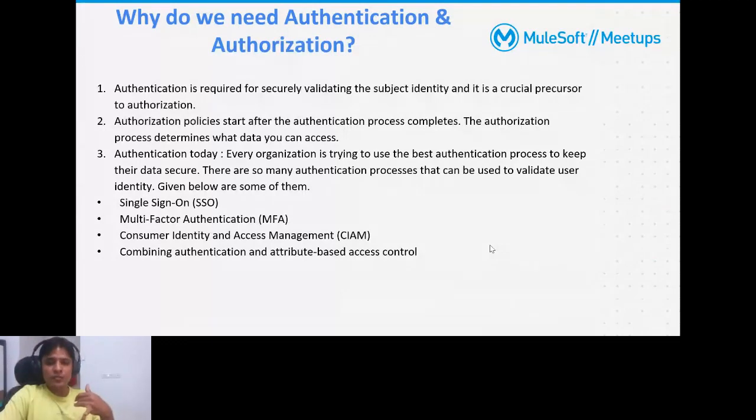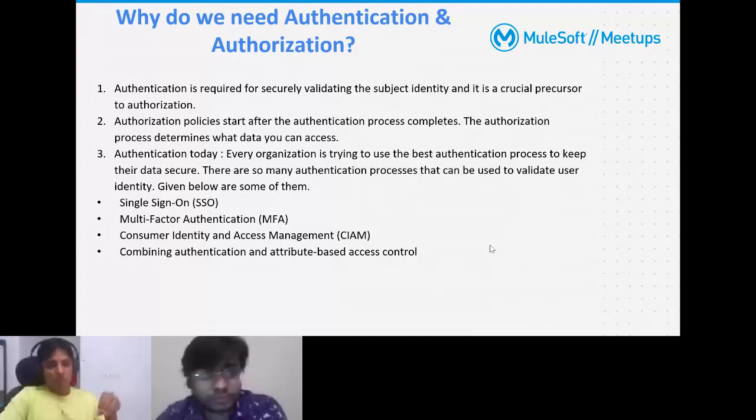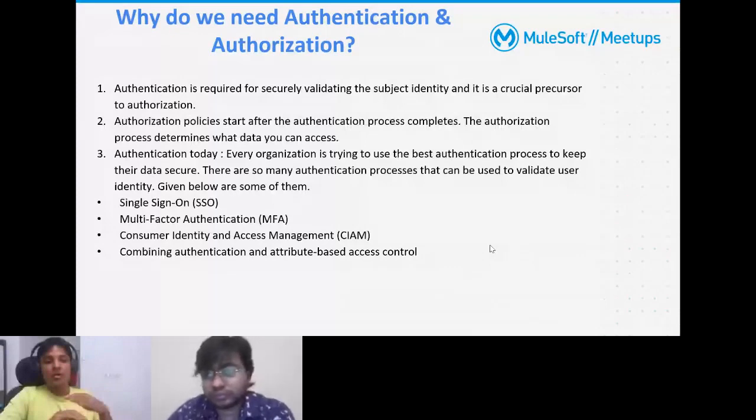So, for example, how does authentication work today? We have multiple protocols and processes to secure your API, especially the public-facing layer, where we can get attacked. In MuleSoft, we generally secure our experience layer, or whichever layer is getting public access.